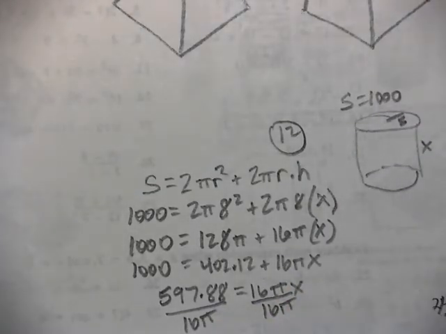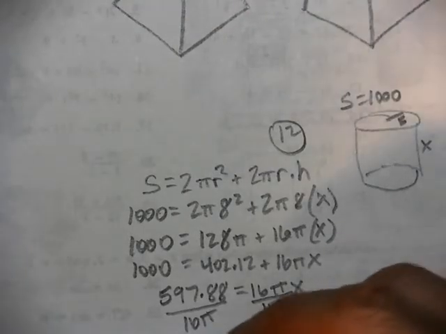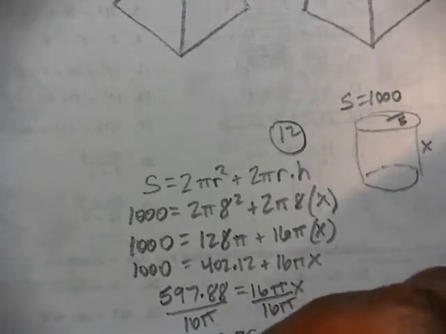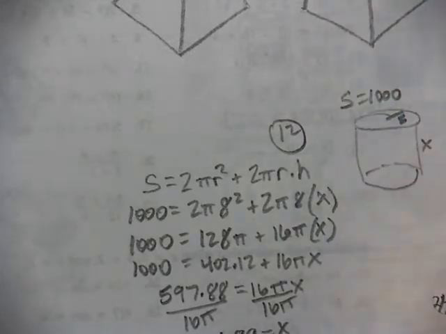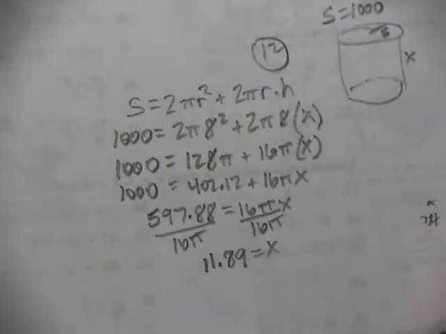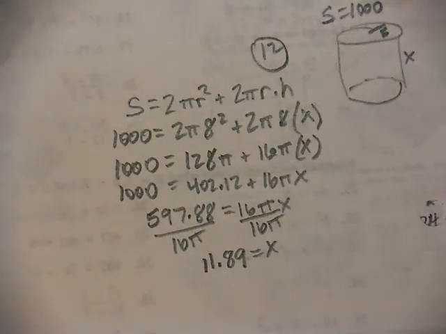You need to be sure that your calculator divides that correctly. And we get 11.89. So that would be the height of this cylinder.